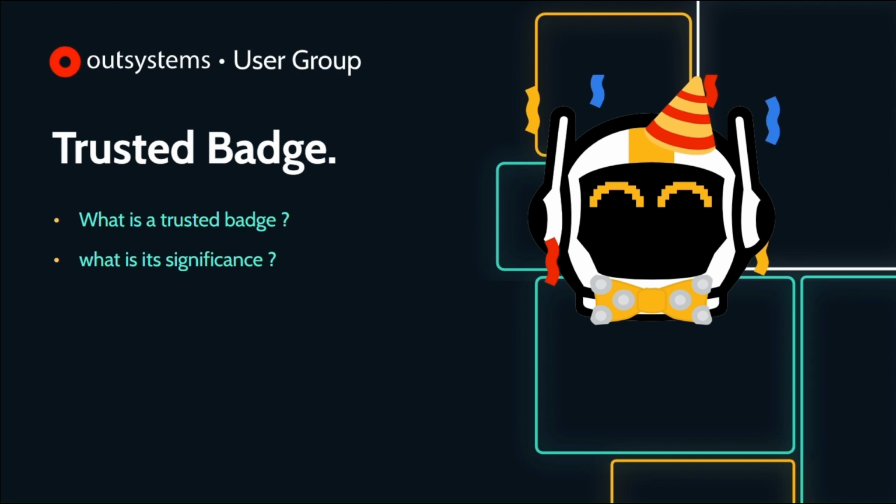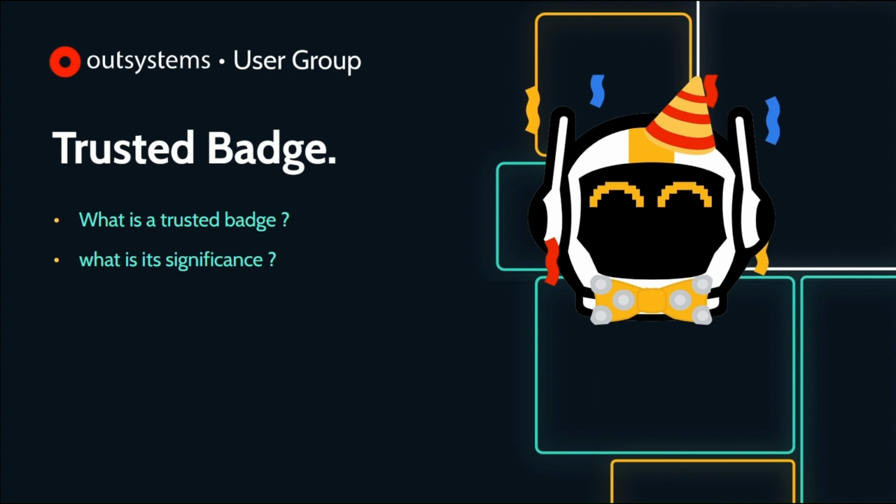Just before we conclude this session, let's discuss the trusted badge. What is a trusted badge and what is its significance? In the context of OutSystems Forge, obtaining a trusted badge is a significant recognition that underscores the quality, reliability, and adherence to best practices of an asset. The trusted badge serves as a mark of distinction, indicating that an asset has been developed and shared by the OutSystems community, validated by the OutSystems curation team.